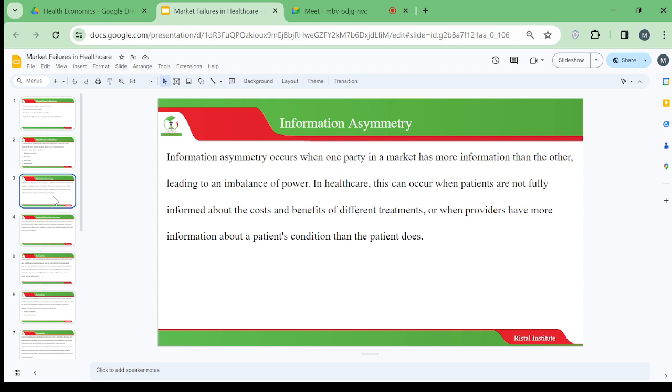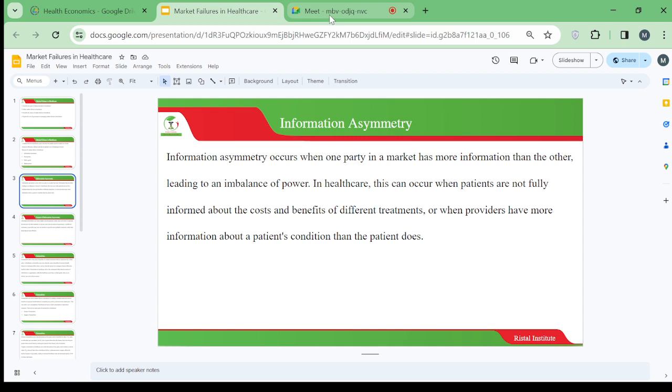Okay, so here the healthcare provider, who can be a physician, a dentist, a general doctor, a nurse practitioner, these providers have more information about what the patient is suffering from. Okay, and the patient or client has little information. So there is asymmetry.